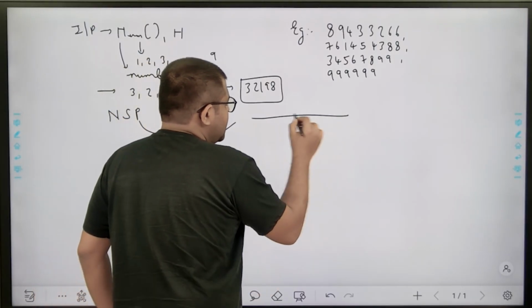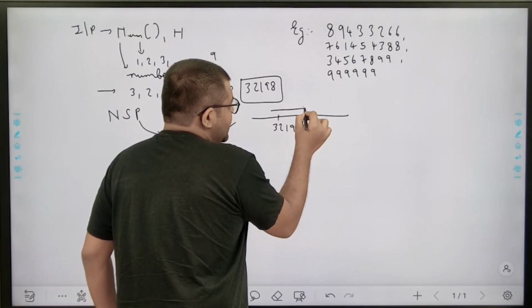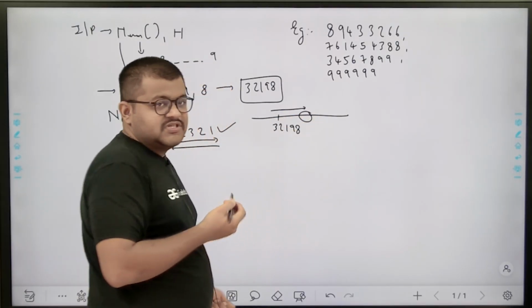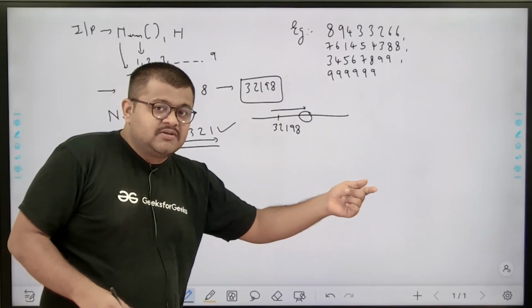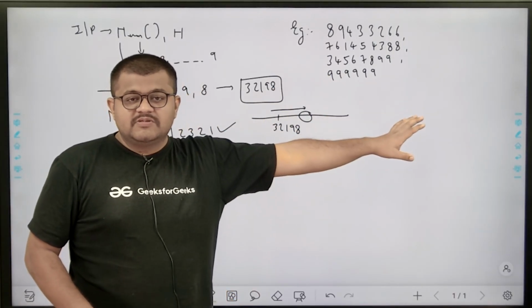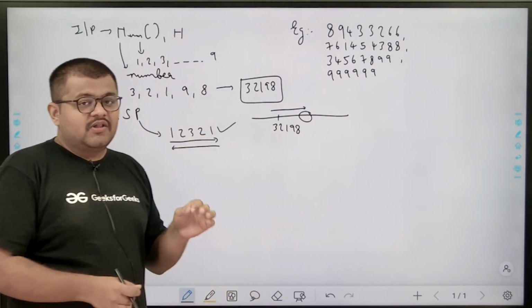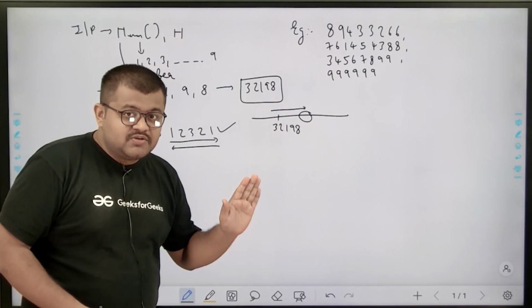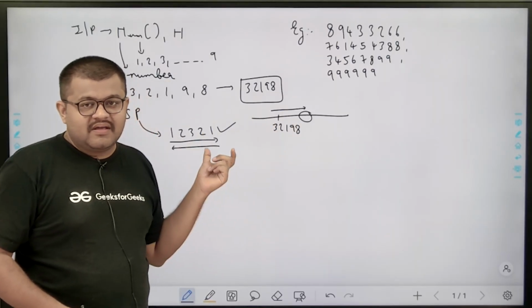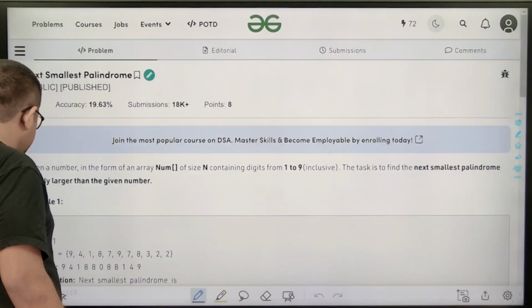So if this is the number line, this is 32,198. If we move on like this, the first number which occurs, which is a palindrome, is the next as well as the smallest among all the palindromes after this. So it is the next smallest palindrome. So we need to return the number which is smallest but larger than the given input number and which is a palindrome.